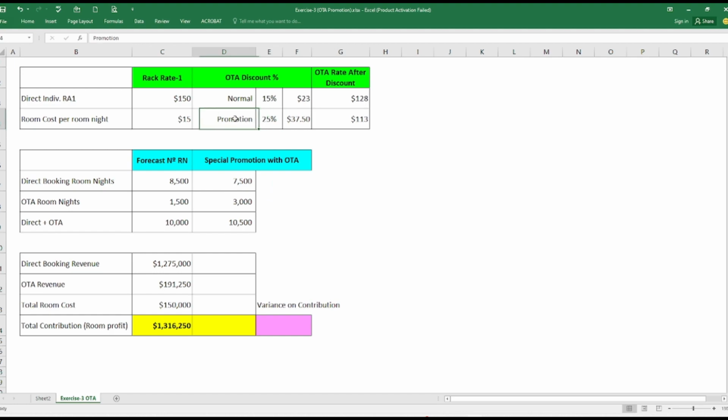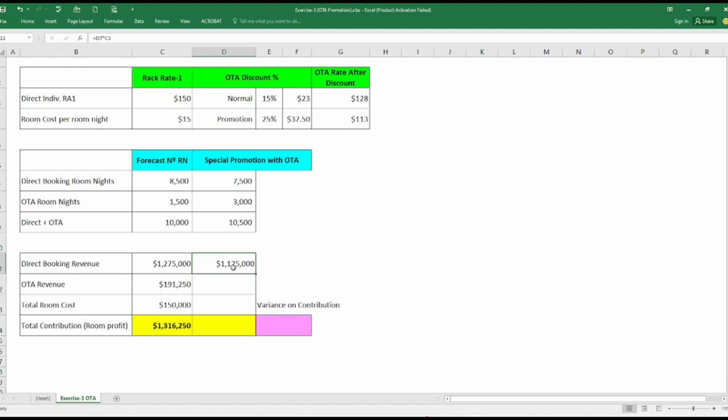So let's see if we accept the special promotion with OTA with a 25% discount on the rate, it becomes 113. So let's see direct booking revenue. Instead of 8,500, direct booking rooms are reduced to 7,500, multiplied by the direct booking rate of $150.